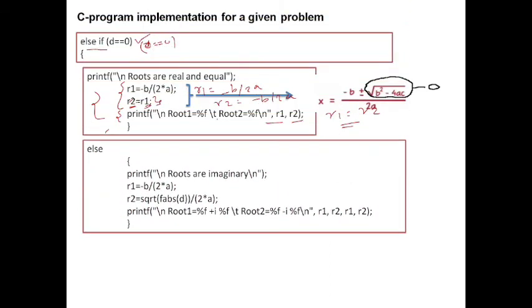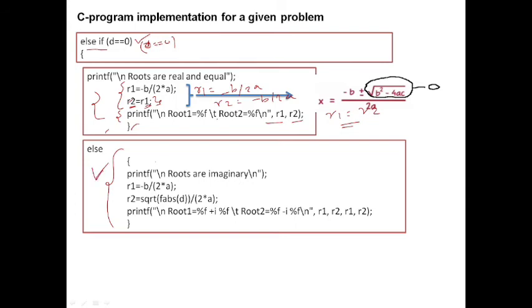This is for when the roots are imaginary. If the discriminant value is greater than 0, the first if block will be executed. If it is equal to 0, then this particular block will be executed. If it is less than 0, then roots are what here? Imaginary. So therefore this particular block will be executed.